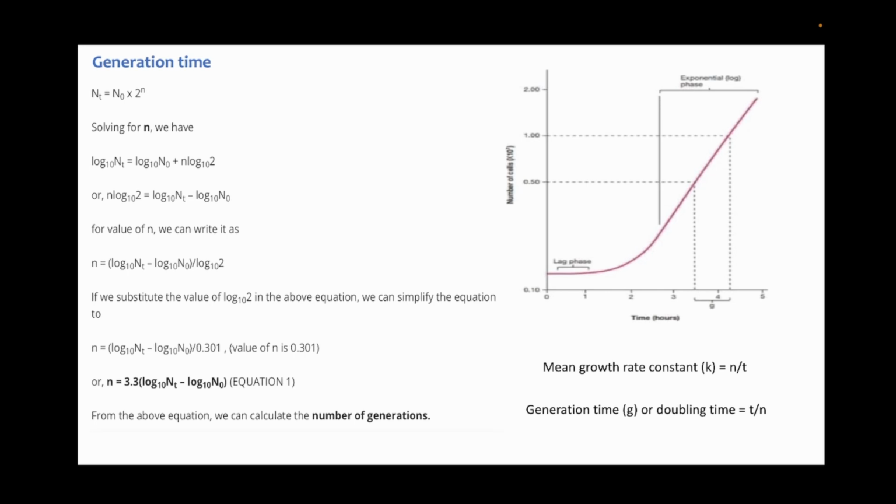But when we count, we usually take the cell number from the log phase. So this is the log phase. So whenever you inoculate bacteria into a new media, a broth, okay, there is a lag phase, initial lag phase.